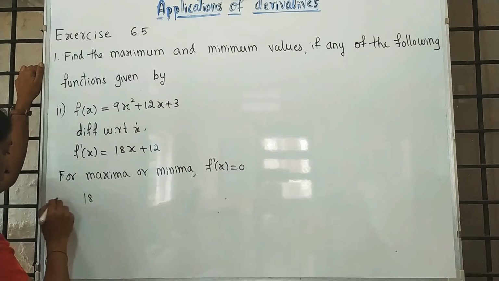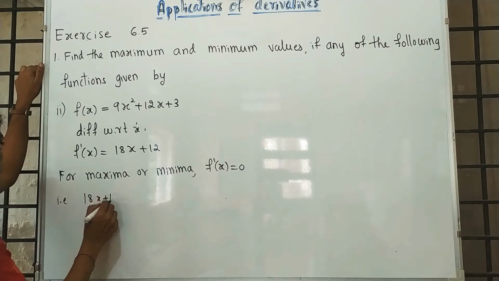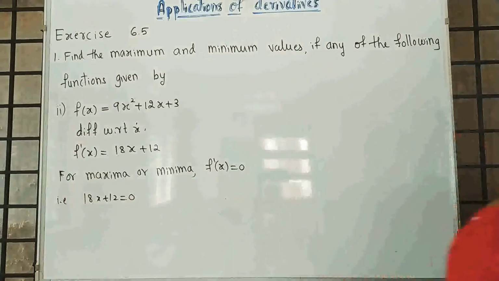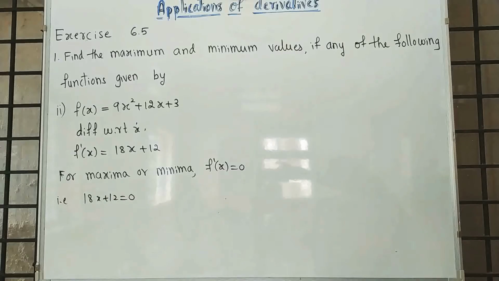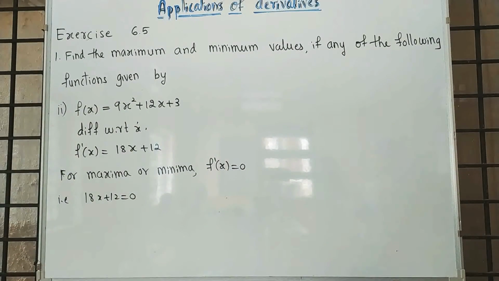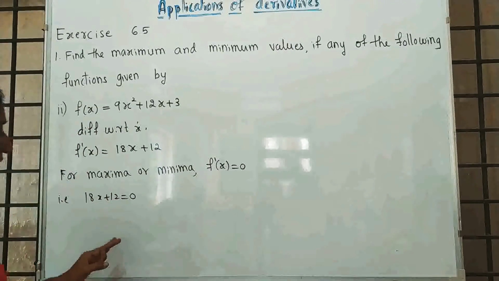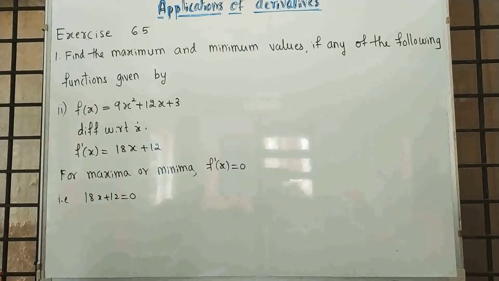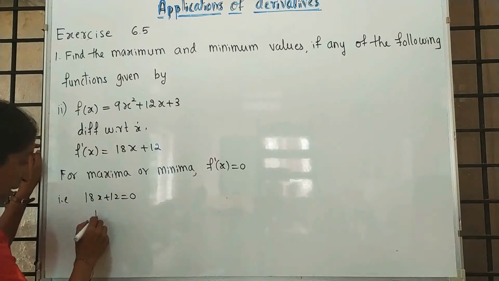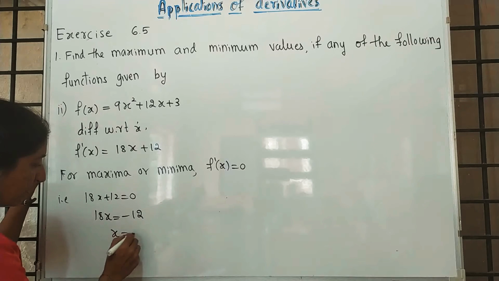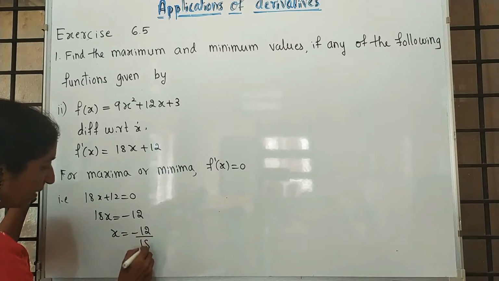That is 18x plus 12 is equal to 0. So here we completed the first derivative. After the first derivative, we have to equate that first derivative with 0 to find the maxima and minima. See here, 18x is equal to minus 12, x is equal to minus 12 by 18.